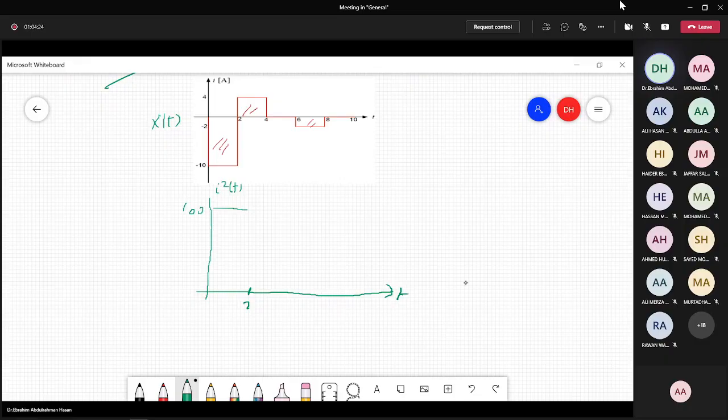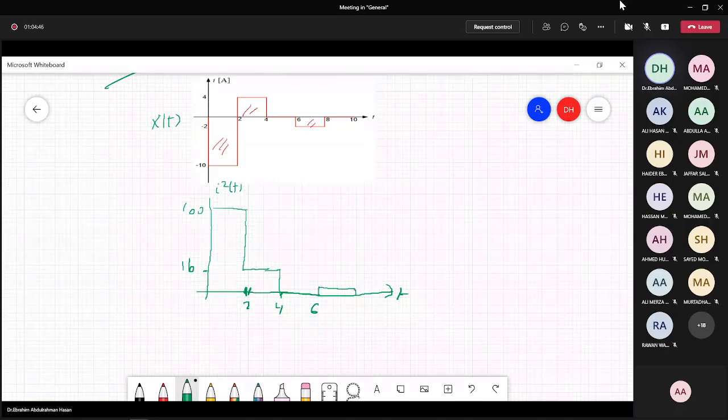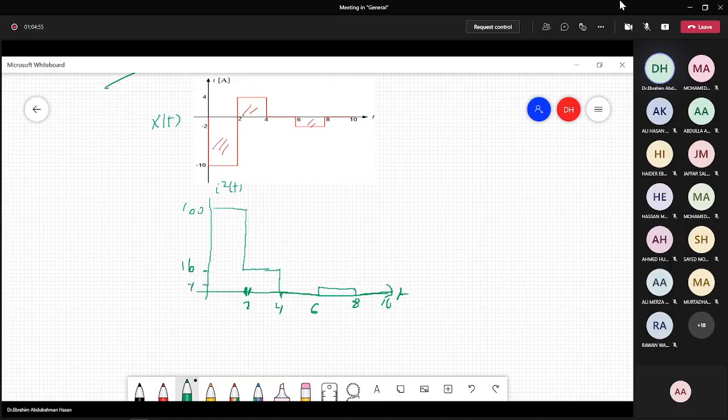From 2 to 4, I will get 16. From 4 to 6, it is 0. From 6 to 8, it is minus 2 squared, equal to 4. And from 8 to 10, this one is equal to 4.